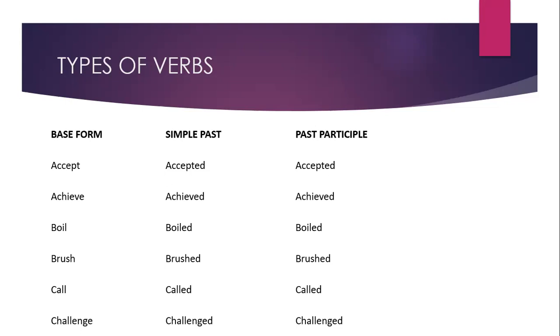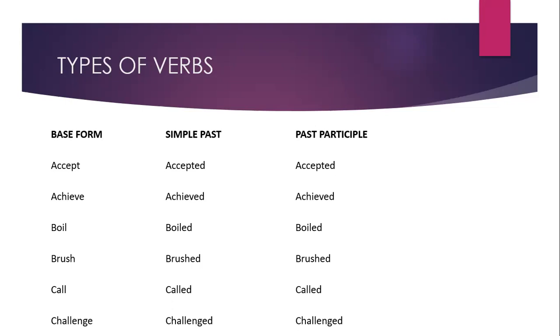So here are some examples: accept. Both the simple past and the past participle of accept is accepted; achieve, achieved; boil, boiled; brush, brushed, and so on and so forth. So all these verbs, accept, achieve, boil, brush, call, challenge, are examples of regular verbs. Why are they regular? Because they form their simple past and their past participle in a regular way, and we realize that it's actually the same.